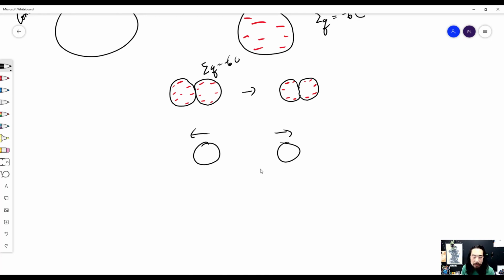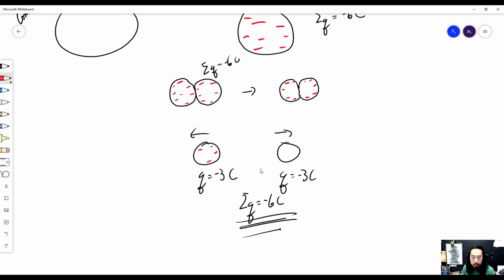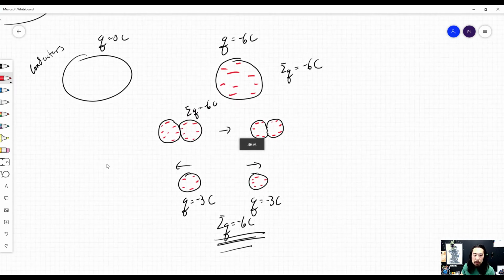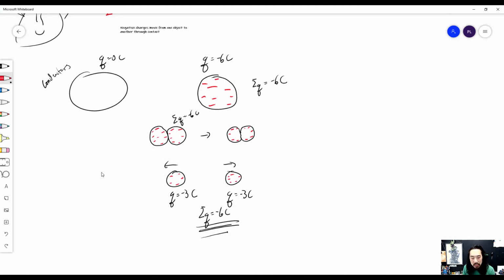So the object on the left will have a total charge of -3 coulombs, and the one on the right will also have a total of -3 coulombs, because the total net charge, remember conservation of charge, is -6 coulombs. Draw the negative charges throughout. So what this means is the object on the left gained a total of -3 coulombs, and the object on the right lost a total of -3 coulombs. But the system as a whole, the number of charges, remained the same.